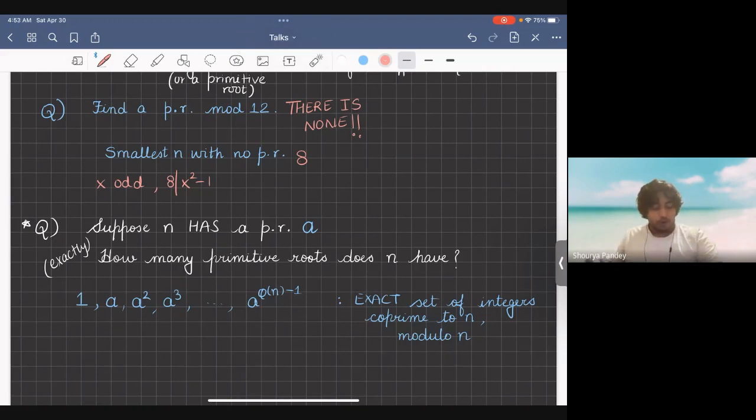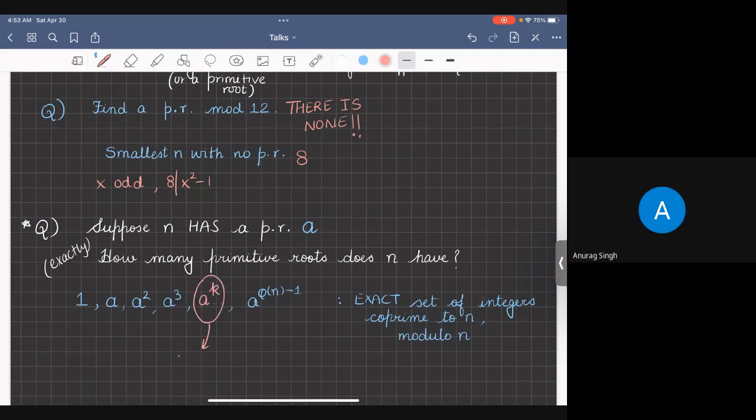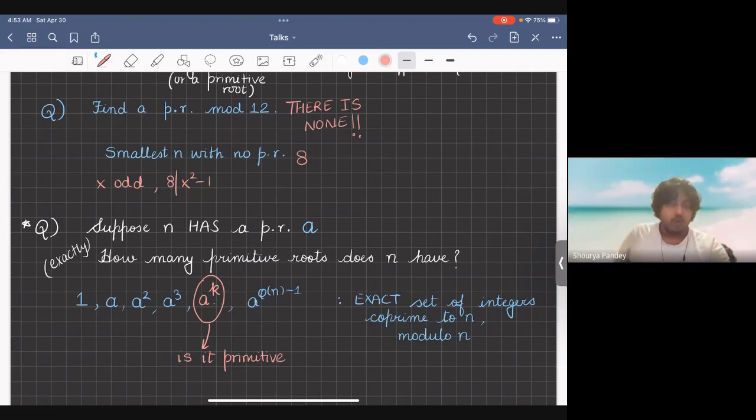So the point is, given an a to the k, can I tell when it is primitive? This k has to be not a factor of phi of n. True, but we've already seen what the order of a to the k is.